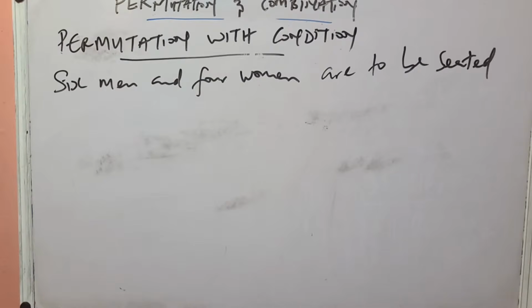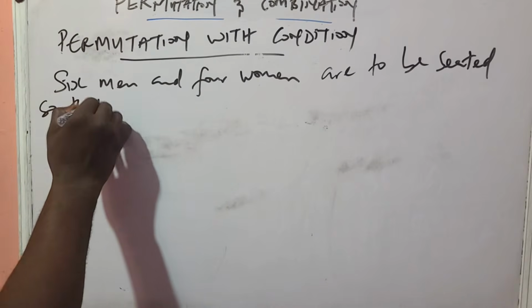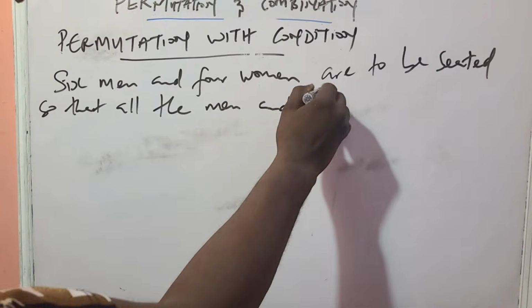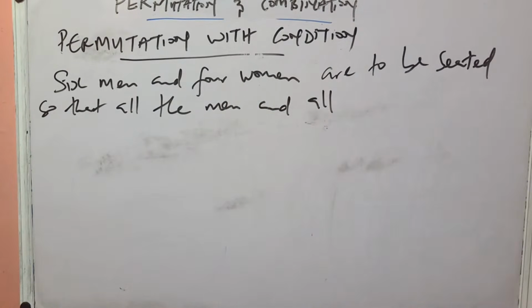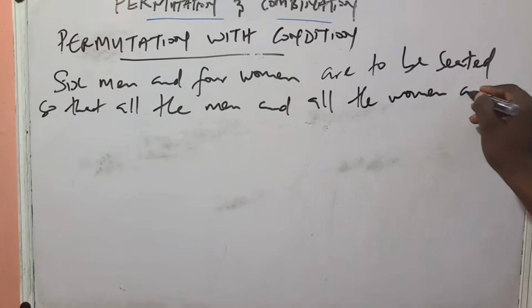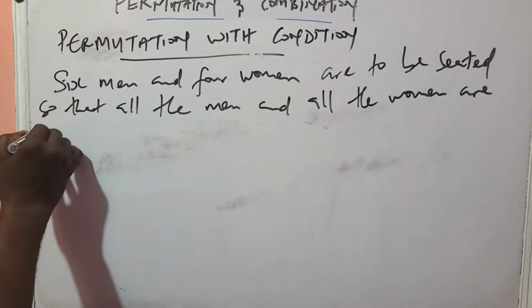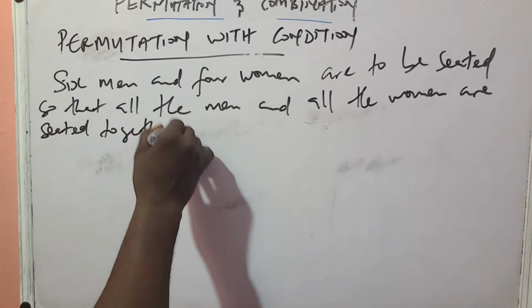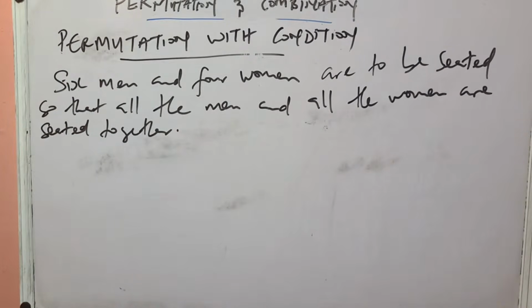Six men and 2 women are to be seated in a row so that all the men and all the women are seated together. In how many ways can this happen, guys?